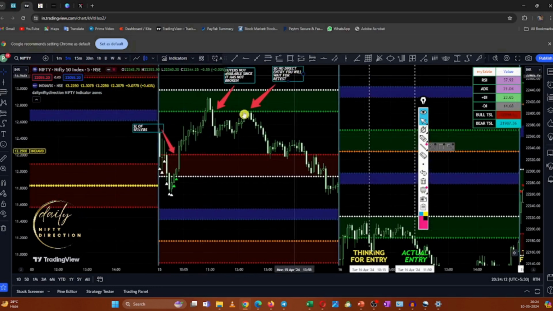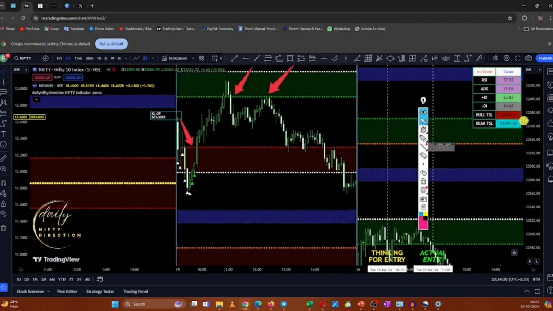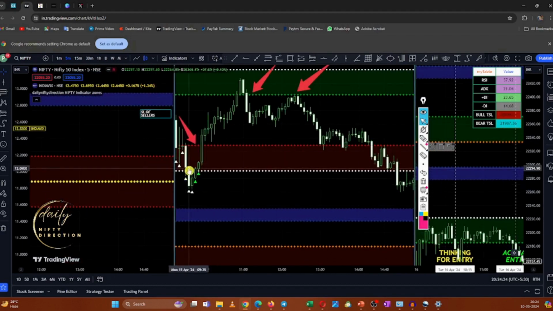But one thing, guys, here, if your zone is breaking out, right, but here your white triangle and green triangle are also appearing, right.